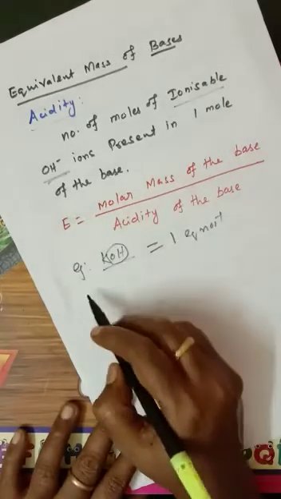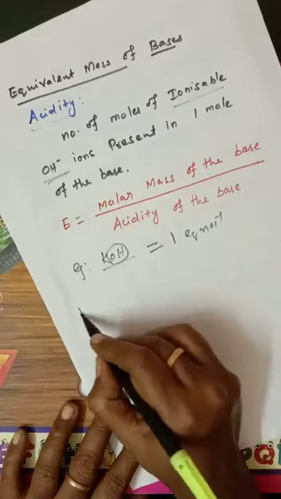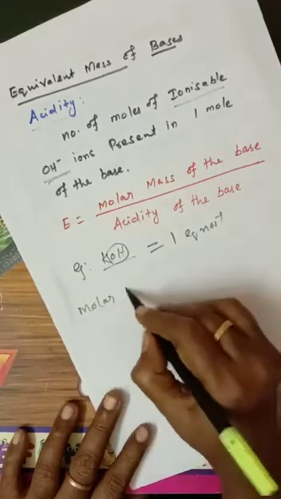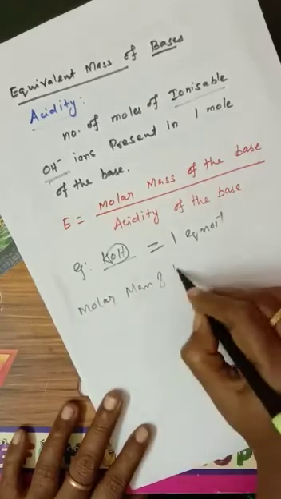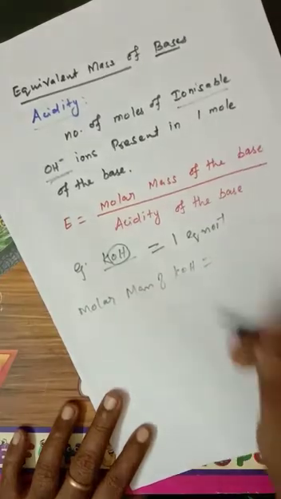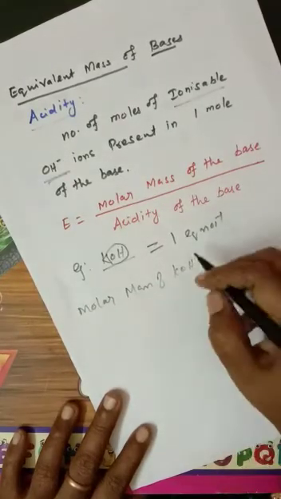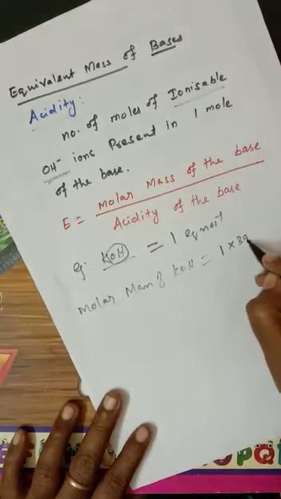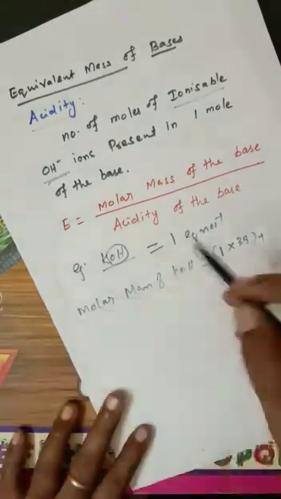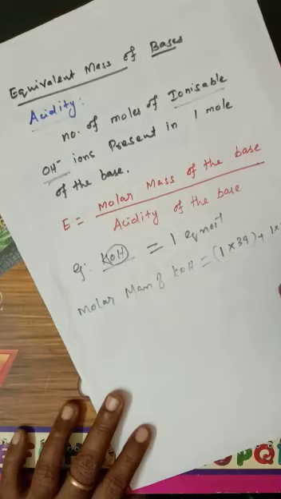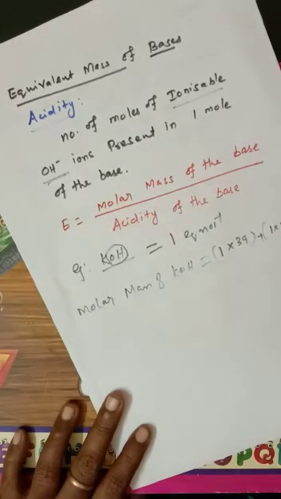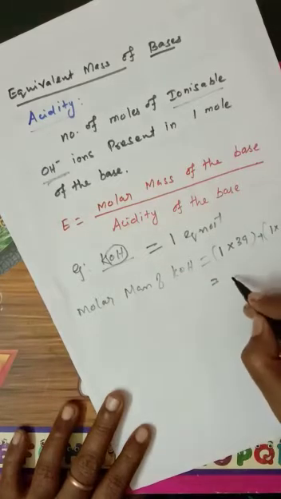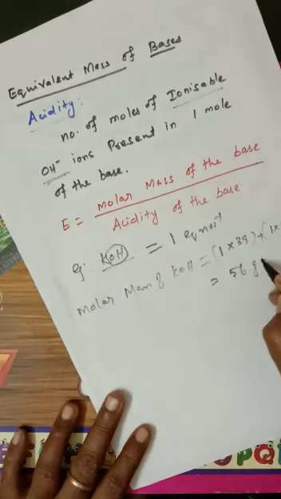So this is the molecular formula. The molar mass of KOH is equal to potassium 1 into 39 plus oxygen 1 into 16 plus hydrogen 1 into 1, so in total it is 56 gram per mole.